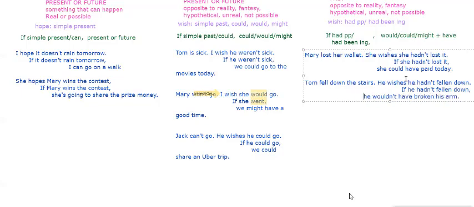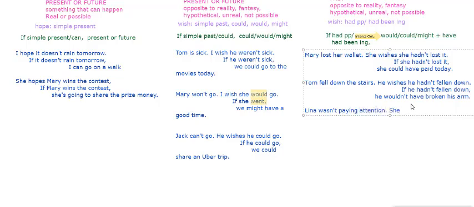So as you can see, I use the same modals when it is a hypothetical situation. It's just that if I'm talking in present or about the future, I just use the modal. If I'm talking in past, I use have and past participle. Can I use ing? Yes, I can use ing, for example. Nina wasn't paying attention.